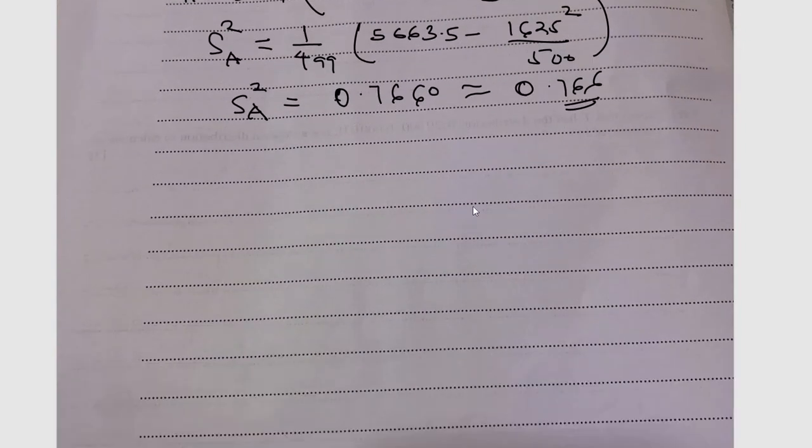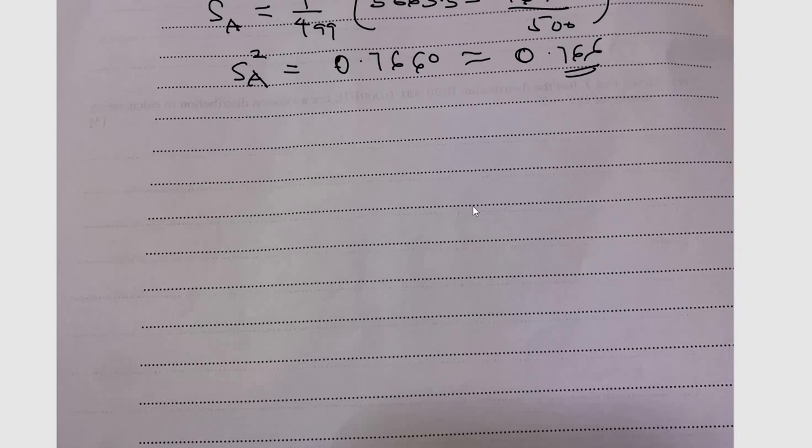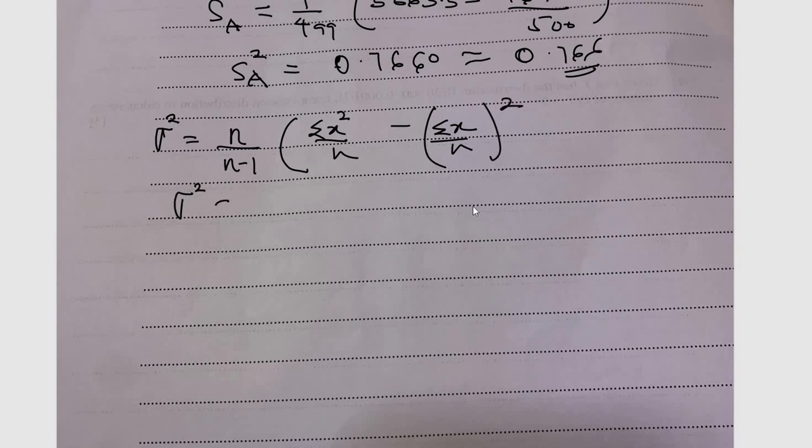So alternatively, we can also calculate the unbiased variance using this formula: n over n minus 1 multiplied by sample variance. Sample variance is summation x squared over n minus mean squared. Let's try it. n is 500 over 499.